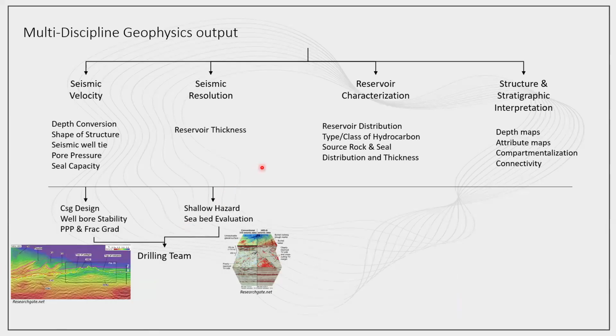So as we said before, from the seismic velocity, we come up with the casing point, wellbore stability, pore pressure prediction, and fracture gradient. From the resolution of the seismic, we come up with the shallow hazard and seabed evaluation. At the shallow hazard, we look at the first section, the first second of the well, where we are drilling without any riser, without any BOP.